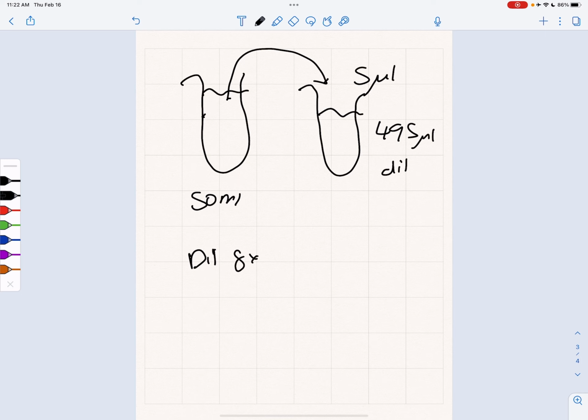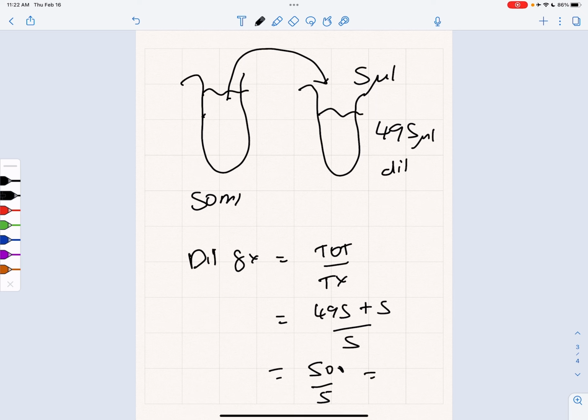That is going to be the total over transferred, and the total being 495 plus 5, which is 500, over 5, our transferred volume. So that's going to be 500 divided by 5.